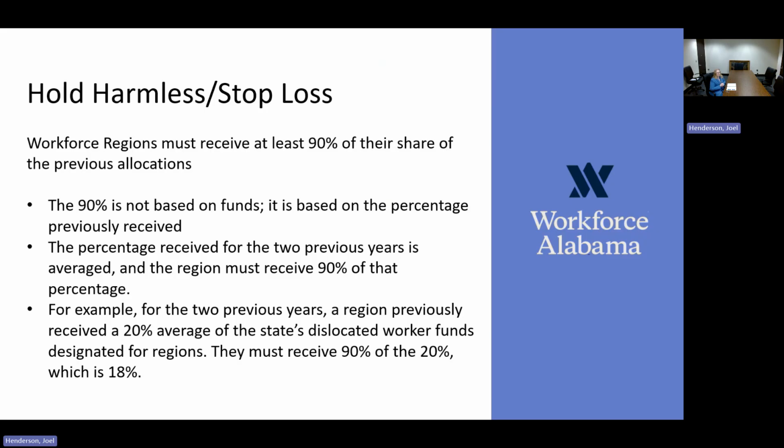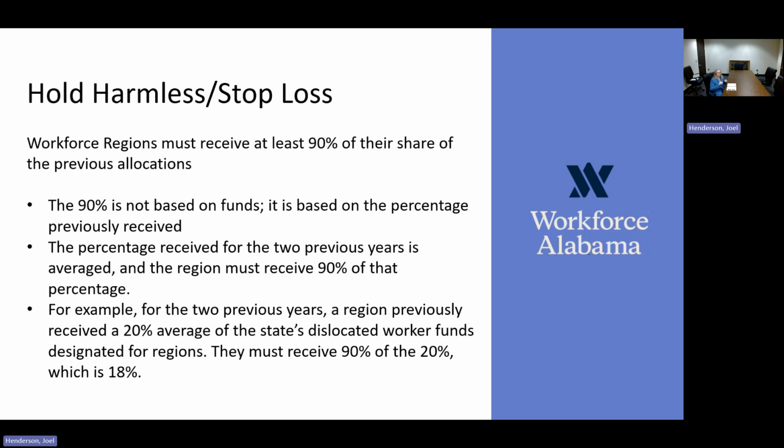This is just to help the regions, like if the data were to have a big swing, their budget doesn't decrease at too fast of a rate where they can't adjust. One common misconception is that the region must receive 90% of their previous funding, but that isn't quite right. It's actually 90% of the percentage they previously received.